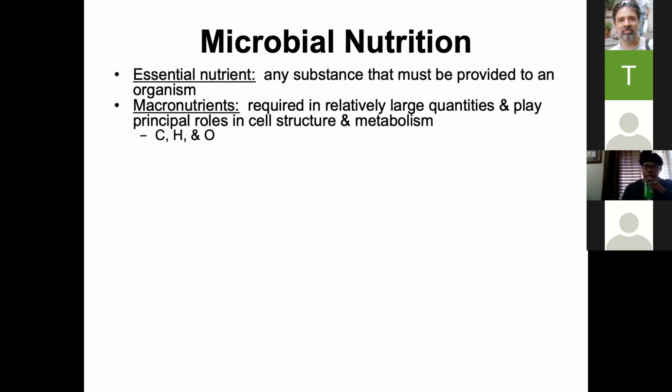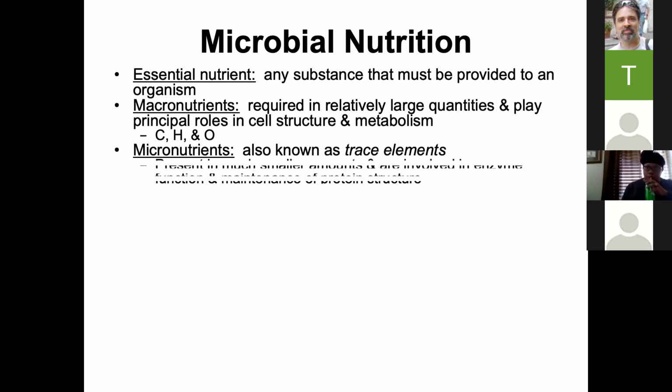So when we're talking about any living thing, we have what are called essential nutrients, which have to be provided to an organism for it to survive. And then there are macronutrients, which the organism needs in large quantity in order to live, and micronutrients, which are needed, but in smaller quantities.